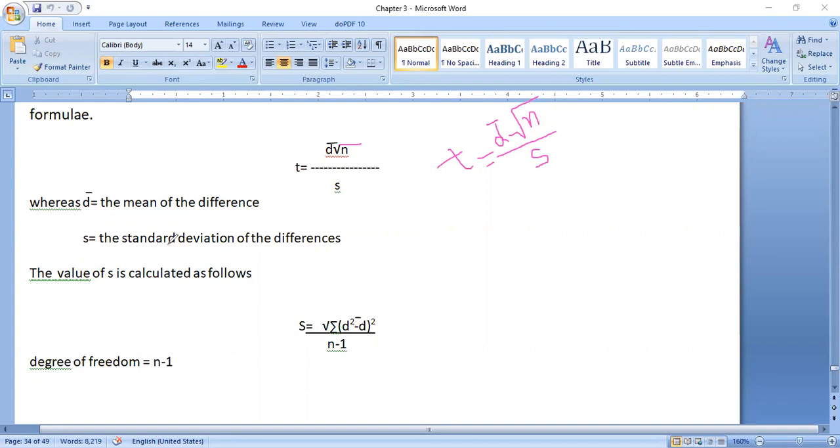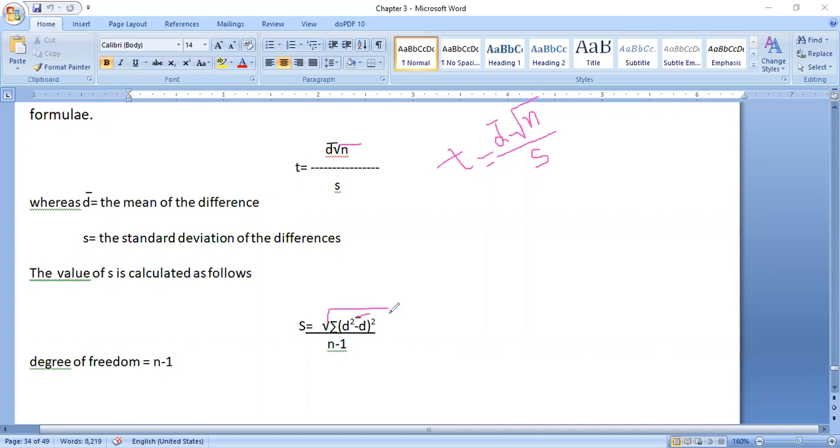S is equal to the standard deviation of differences here. The value of S is calculated as follows: S is equal to the square root of sigma d squared minus d bar.